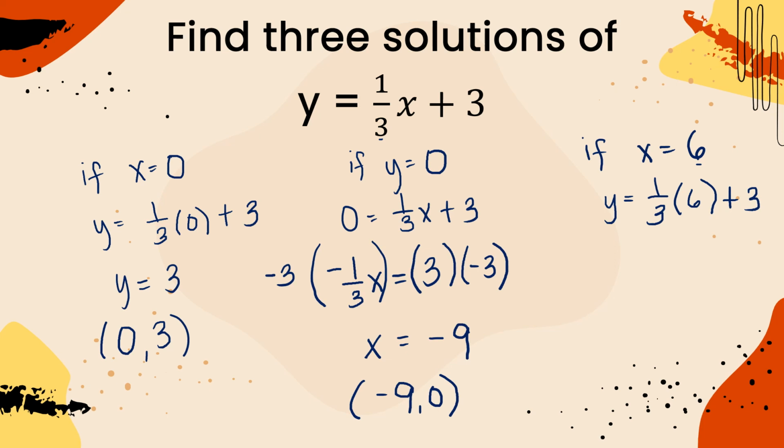So, 1 times 6, 6 divided by 3 will give us 2. What is 2 plus 3? Yes, y is equal to 5. Therefore, our third solution is 6, 5. Di ba madali lang? Kaya, be careful also in choosing your own ordered pairs or your values of x and y.